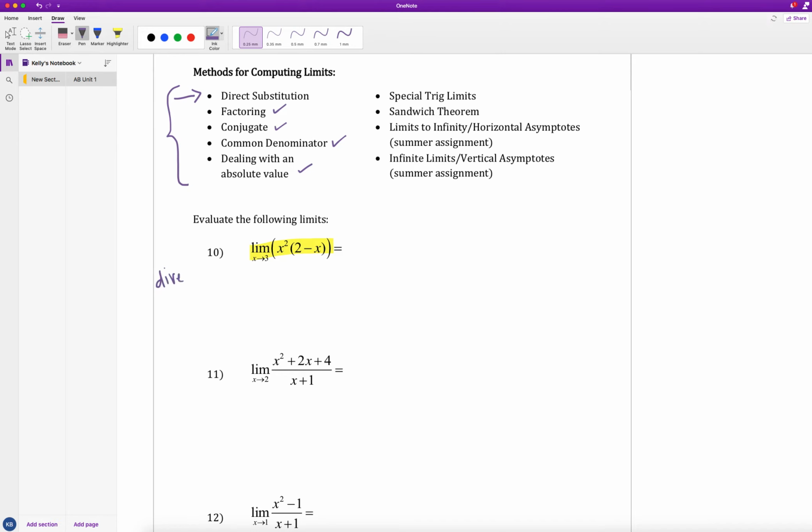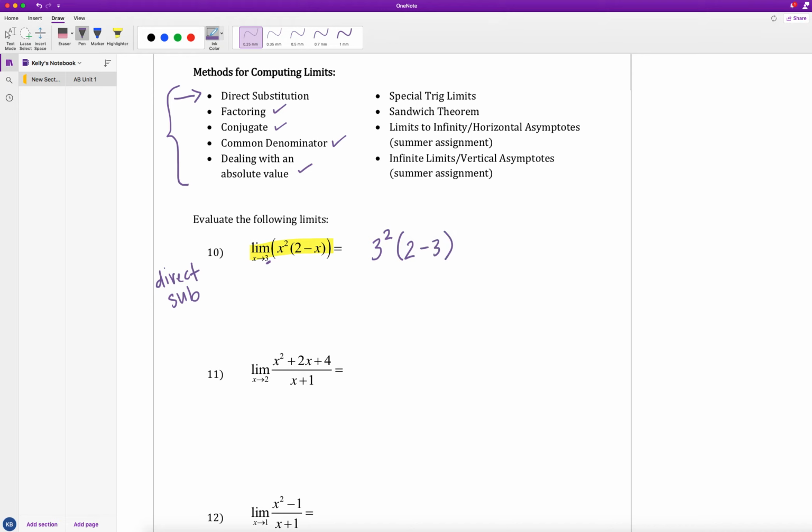I'm going to keep a list going on the left-hand side depending on how many methods we might need to try to be able to get an answer. What direct substitution would mean is that anywhere I have an x, I'm going to substitute in 3 since x is approaching that value of 3 in this problem. When I do that, I'll get 3 squared times 2 minus 3.